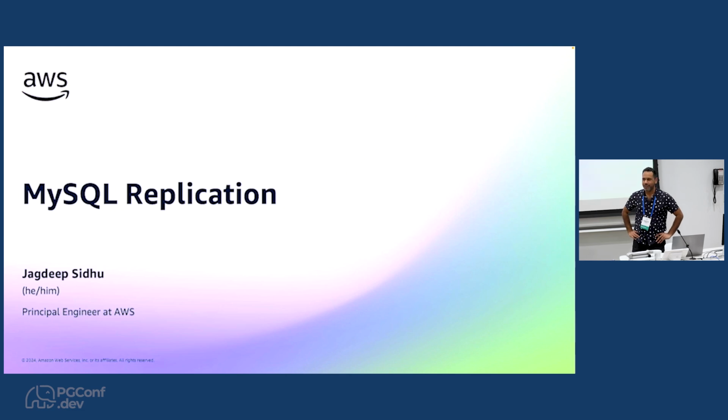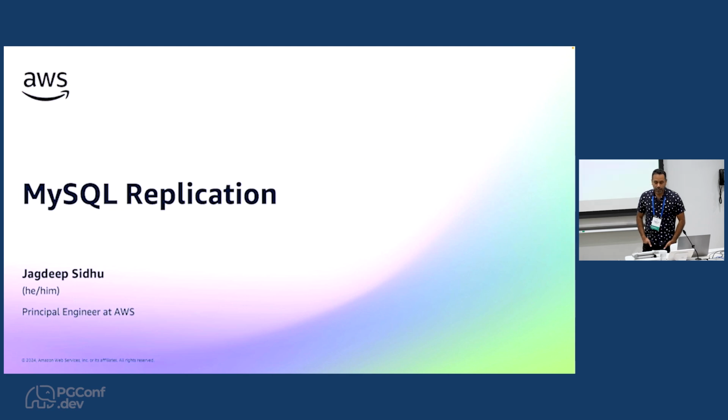Now, if you folks are wondering why I am talking about MySQL replication at a Postgres conference, the reason is that MySQL and Postgres have very different replication implementations. Postgres has had robust physical replication support for a long time, and logical replication was added a bit later. I know many developers today who are working on logical replication, adding features, making improvements.